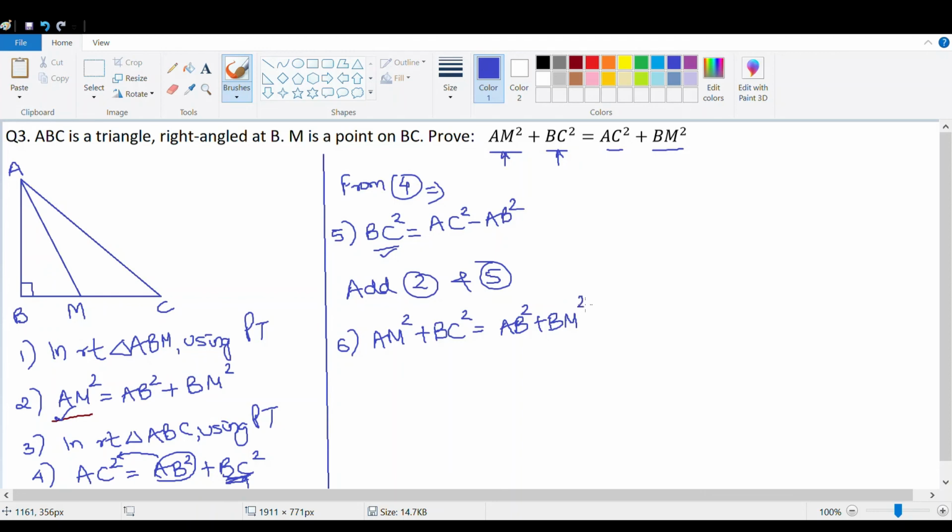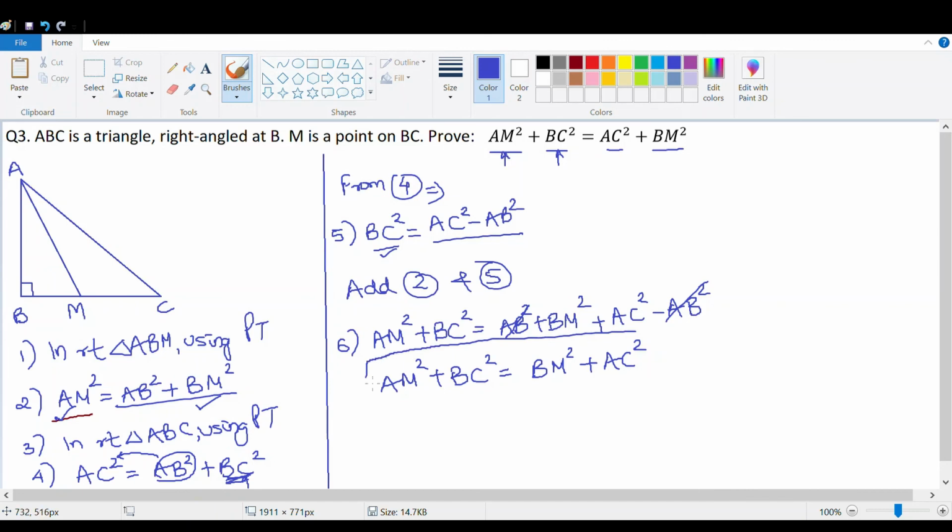This is from equation 2, and from equation 5 I have plus AC square minus AB square. I notice that AB square and negative AB square get cancelled, so I have AM square plus BC square is equal to BM square plus AC square. That's exactly what they wanted us to prove, so hence proved.